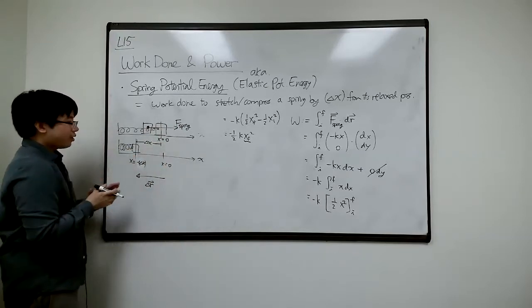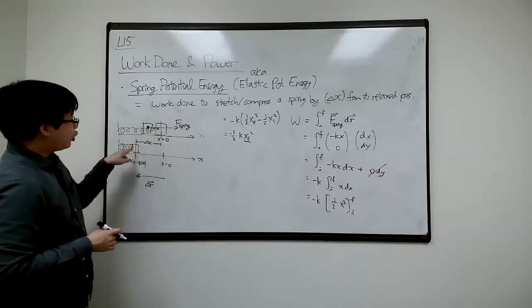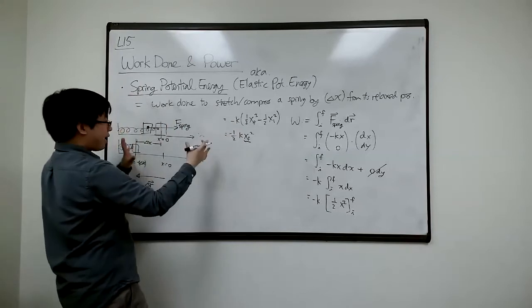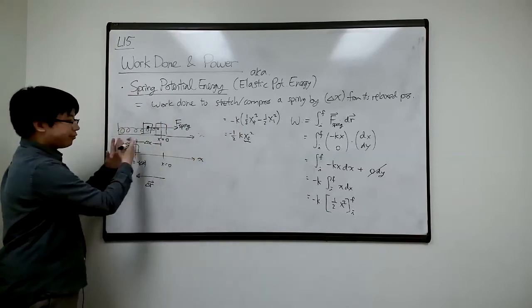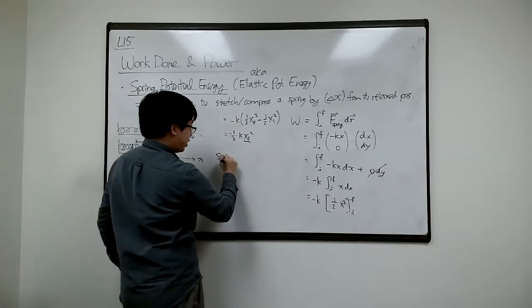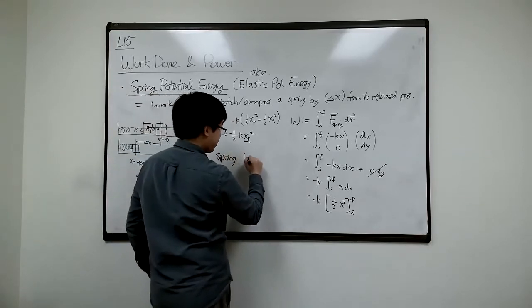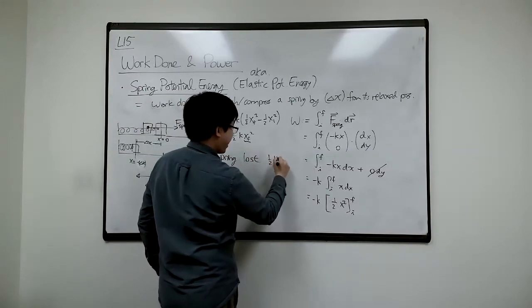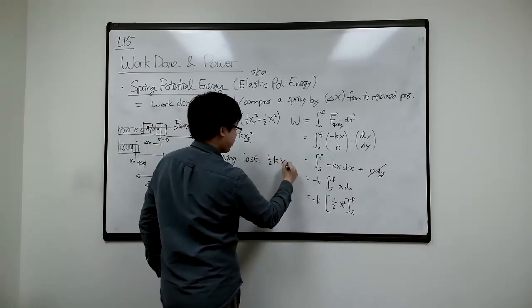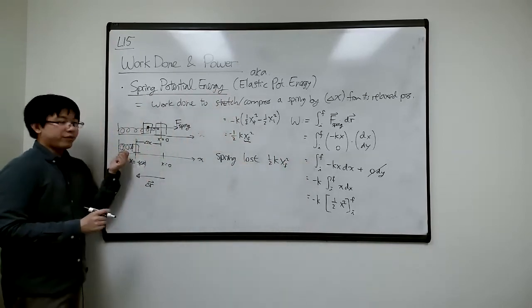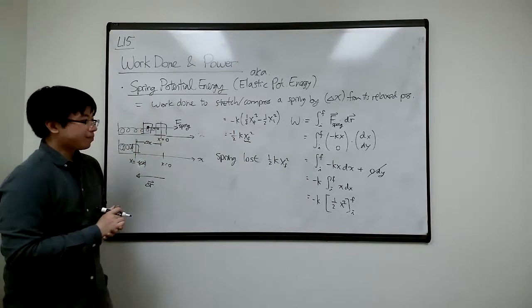The spring just lost, in some sense, work done is the energy required to achieve this process. So the spring just lost 1/2 k x final squared amount of energy, right? So by pushing it over here, the spring lost that much energy.